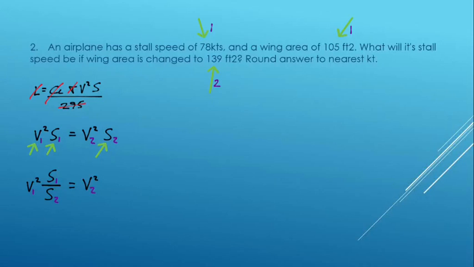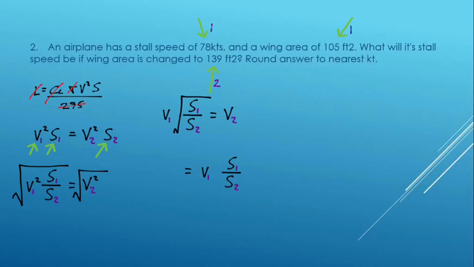Simplifying the equation, I can take the square root of both sides, and the square root of a number squared is equal to the number itself, so that puts the velocities as whole numbers rather than squared numbers, so I can work with them in a formula.